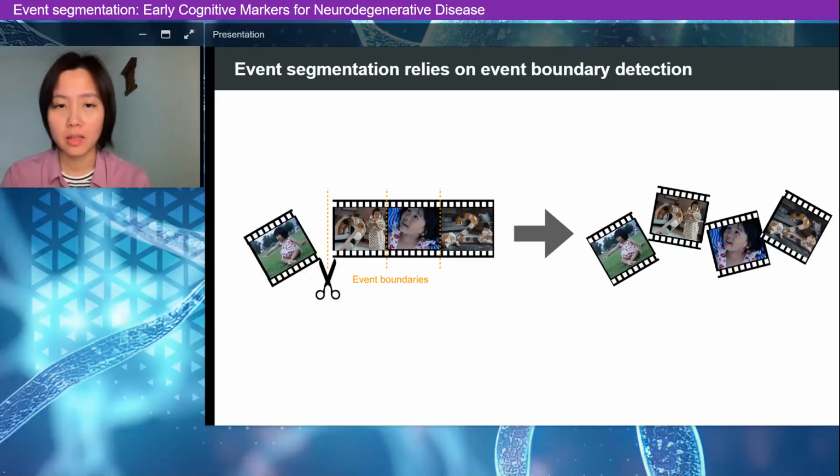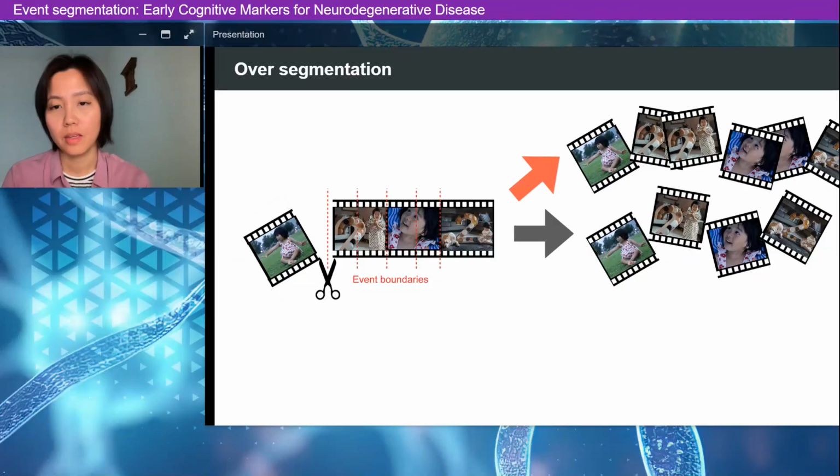Impairment in the ability to detect those event boundaries, or impairment of event segmentation abilities, can lead to a lot of memory problems. For example, if we detect too many event boundaries, or we are over-segmenting our events, that will lead to very fragmented memories, making it very hard to recall a continuous or cohesive memory representation of our experience.